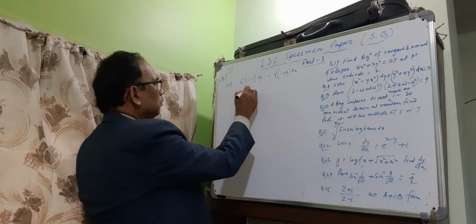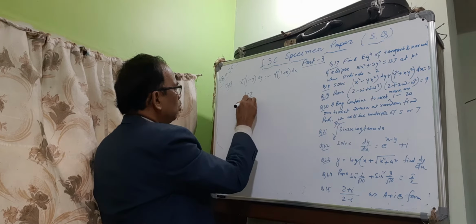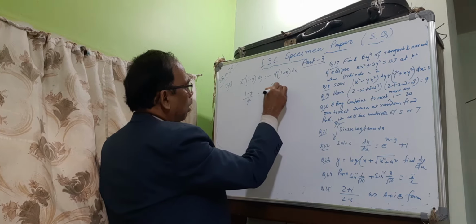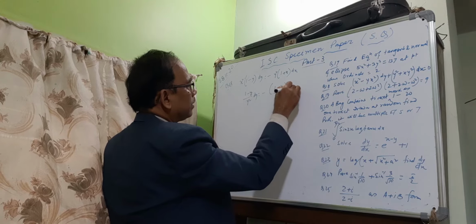Now, (1 minus y) by y square dy equals minus (1 plus x) by x square dx.